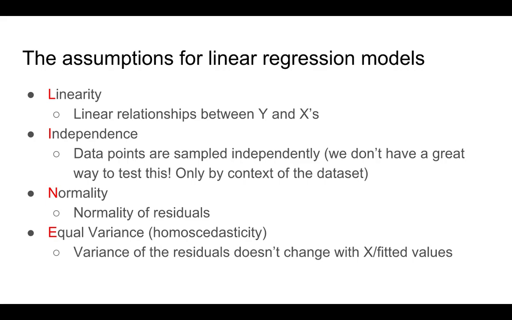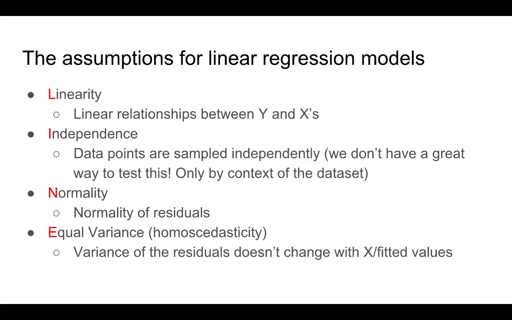The second one is independence. So data points are sampled independently. Later on, when we deal with time series data, we know that this is not valid for time series. But for now we're just assuming that all data points are sampled independently because we cannot check from the plots.